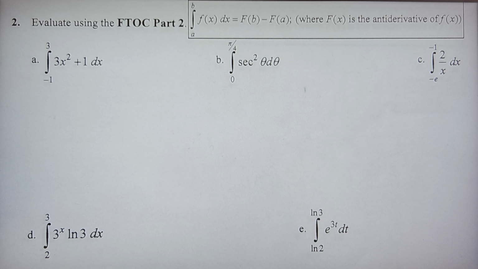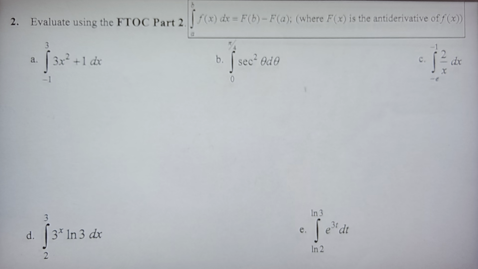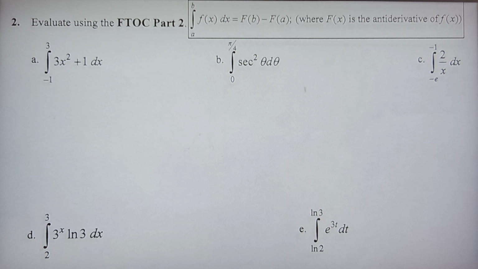So 0 over 2 is 0. I said 0 is... You've got to appreciate those moments. So 1/2 is the final answer.